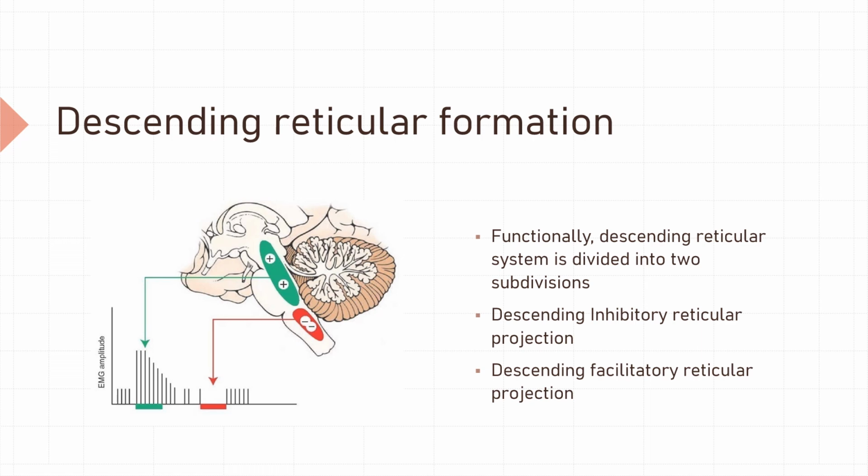These tracts are the major descending pathways from the reticular formation. They're functionally divided into the descending inhibitory reticular projections and descending facilitatory reticular formation. These tracts act on many levels of the spinal cord to coordinate movements and autonomic functions.